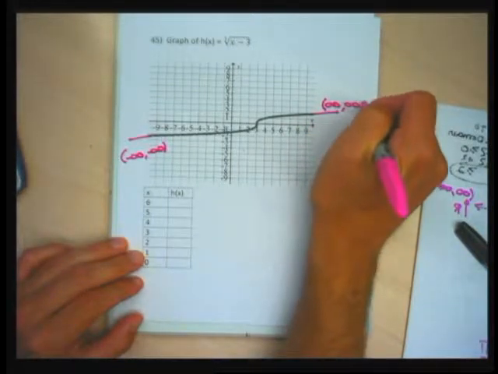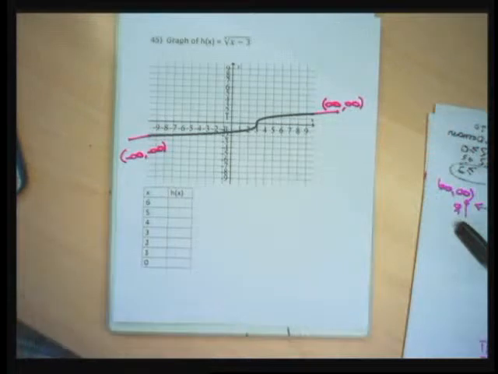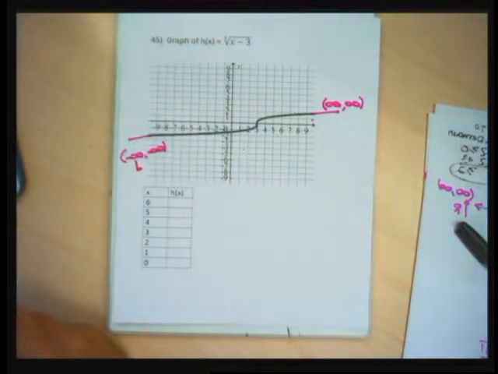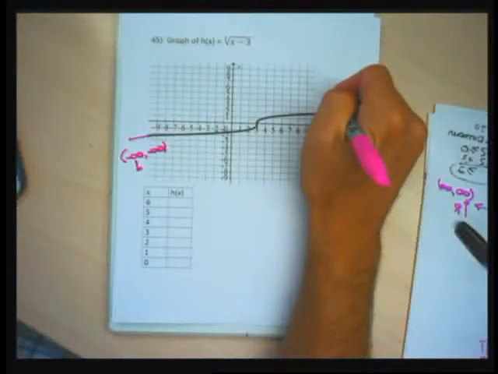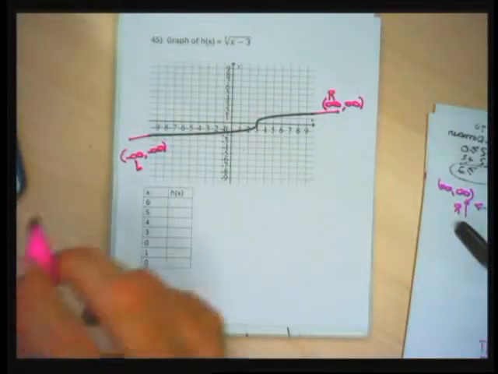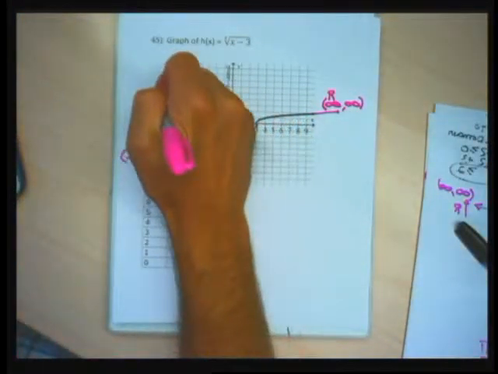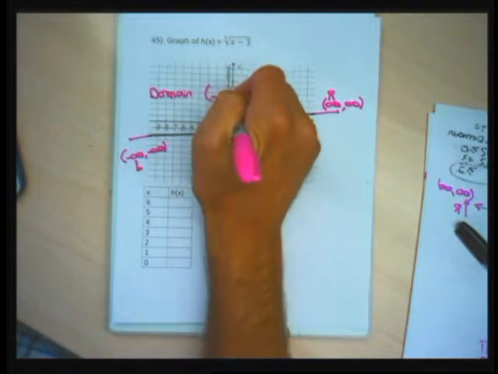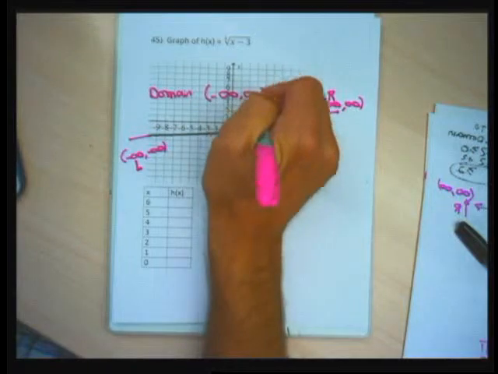So this is the kind of thing that in chapter 2 we found the domains from. If I want to find the domain from it, I need the x-coordinate of the far left point and the x-coordinate of the far right point. So for this problem, the domain of the graph is negative infinity to infinity.